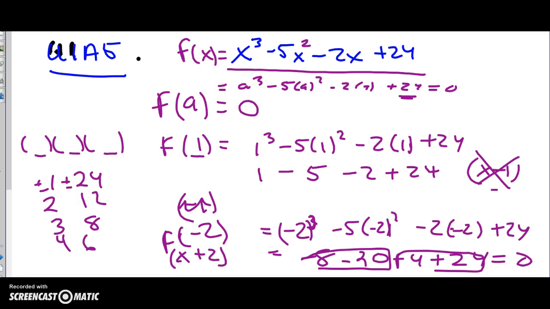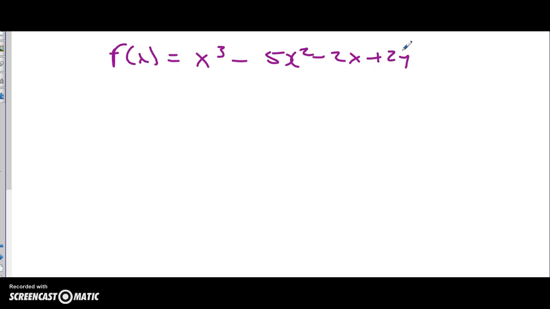And I want to keep my function here. Actually, let's just go to the next page. So I'm going to rewrite this. I have f at x is equal to x cubed minus 5x squared minus 2x plus 24. And I've just said that x plus 2 is a factor.